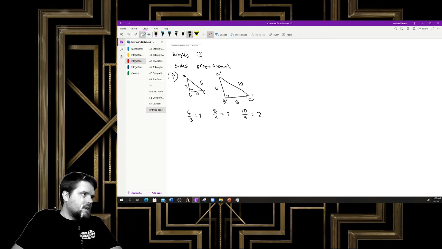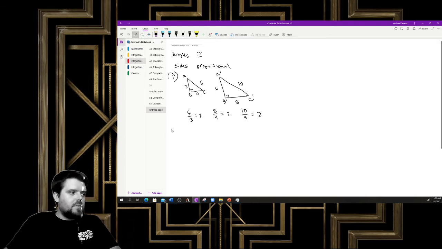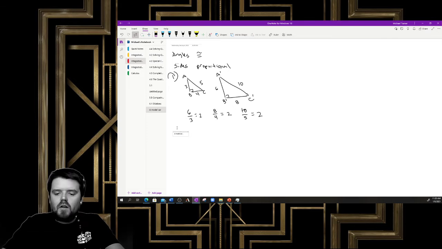So, for instance, let's say, and we'll type this out here, a model car measures, let's say, 3 inches wide by 8 inches long. The actual car has a length of 12 feet. What's the width?